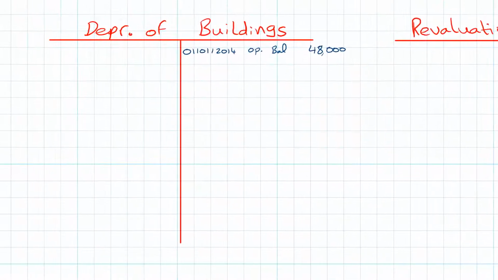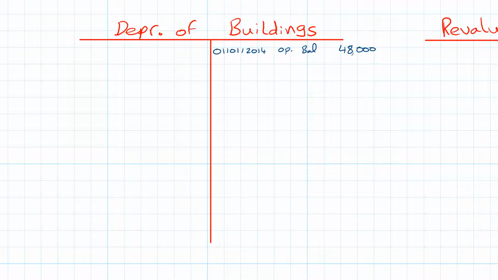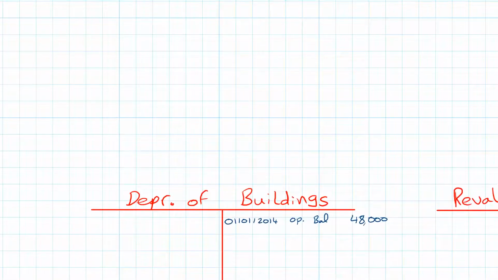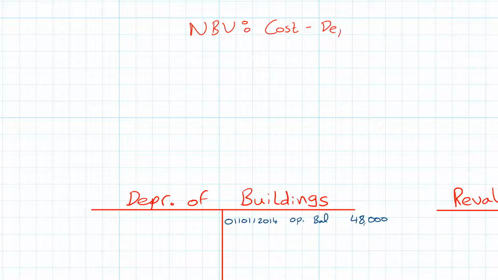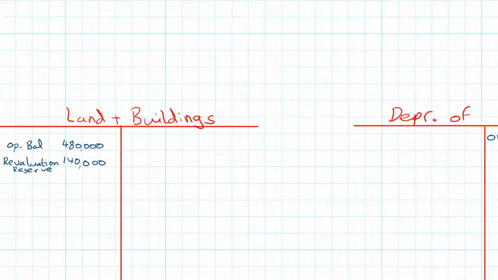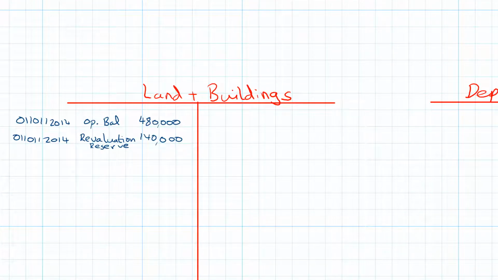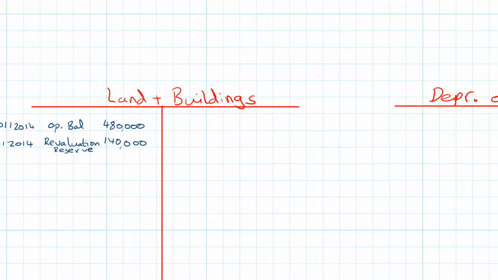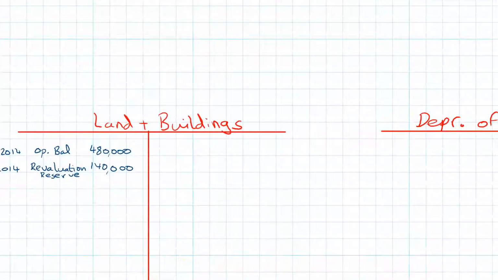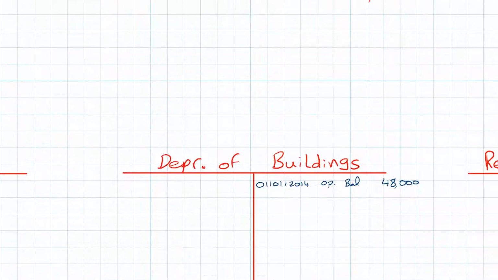Perfect. Now, whenever we revalue, we always want to be talking about our net book value. So that's really important. What we're really interested in is the net book value. So that is essentially cost minus depreciation. So what are the buildings actually worth to us? Well, they were 480 minus 48,000.